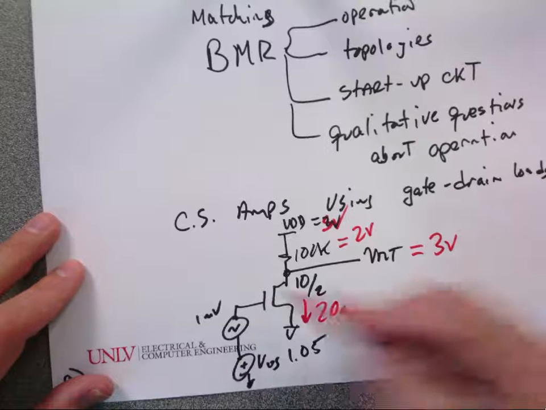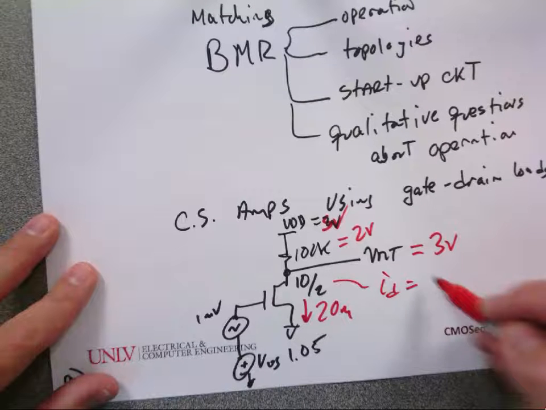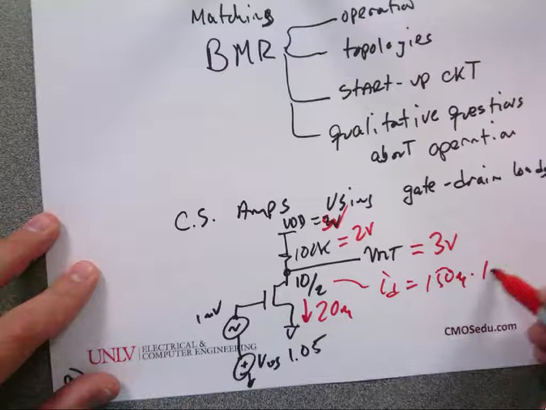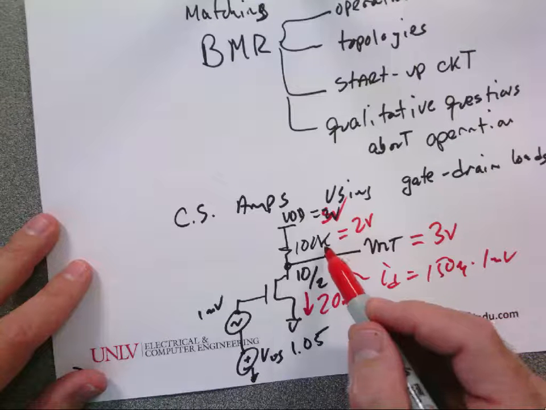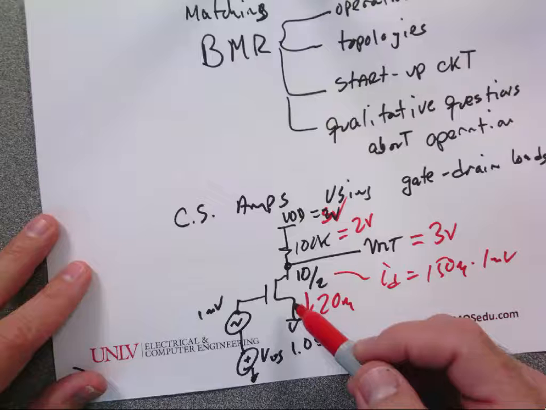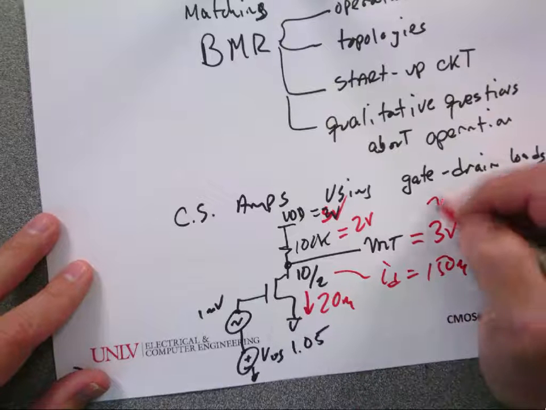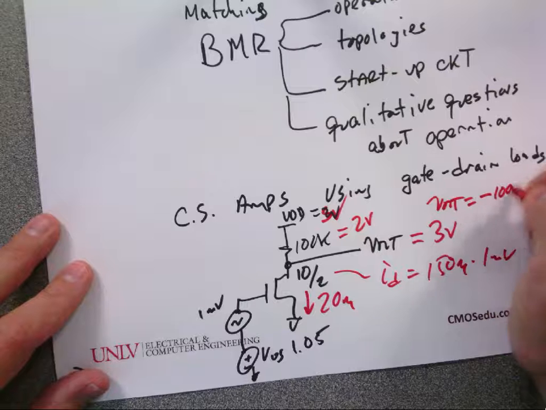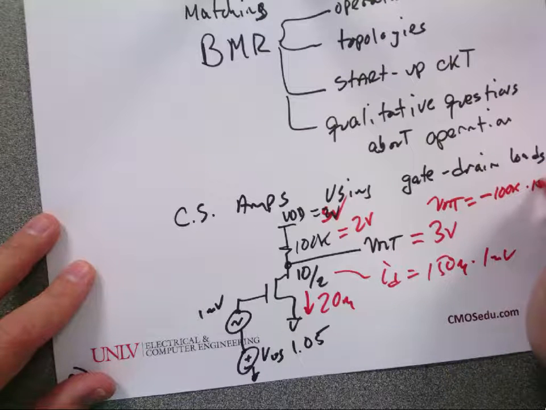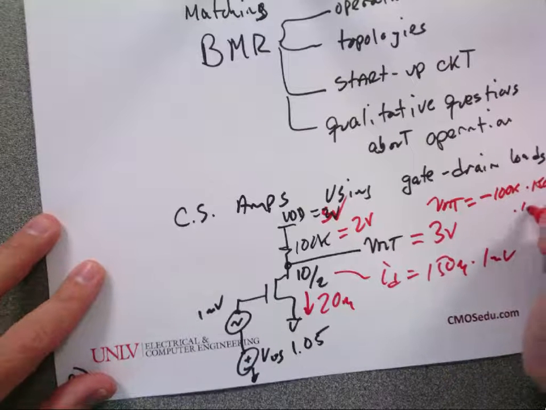How much AC current flows? Assuming the 100K is small compared to the output resistance, which it is, then V out equals minus 100K times 150 micro times 1 millivolt.